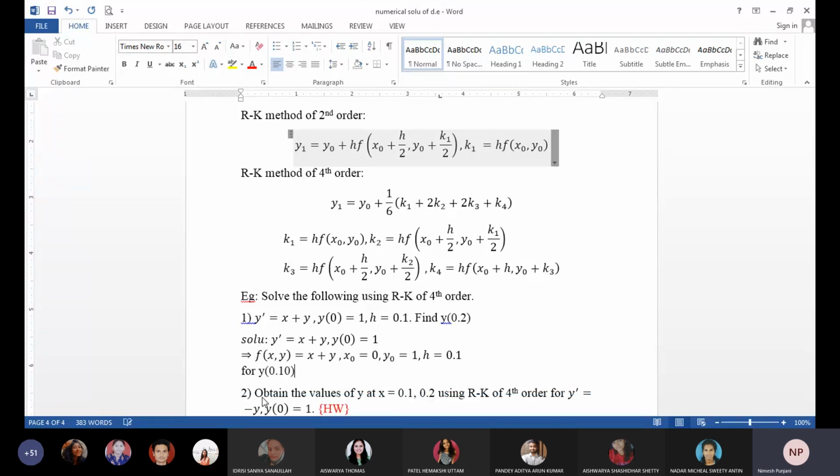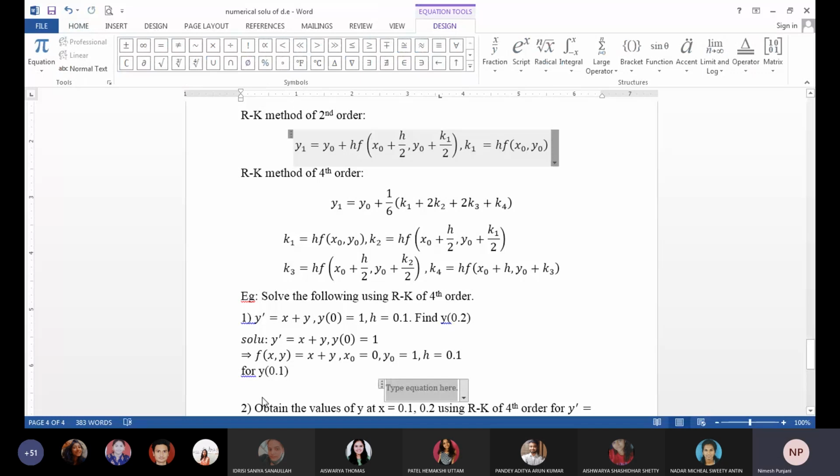So for y of 0.1, k1 is h into f of x0 comma y0. So 0.1 into f of 0 comma 1. So f of 0 comma 1 क्या होगा? What will be f of 0 comma 1? 1. So your k1 is nothing but 0.1.